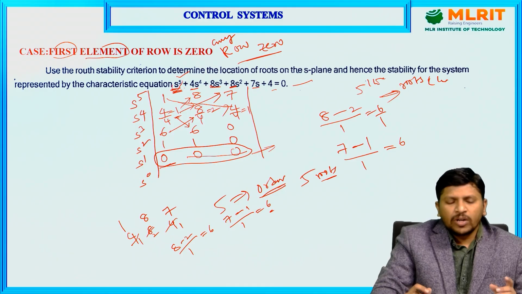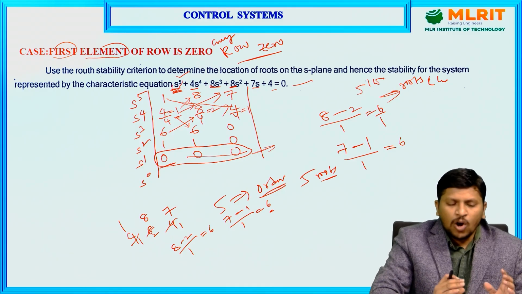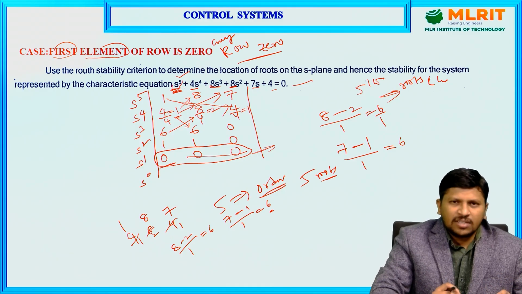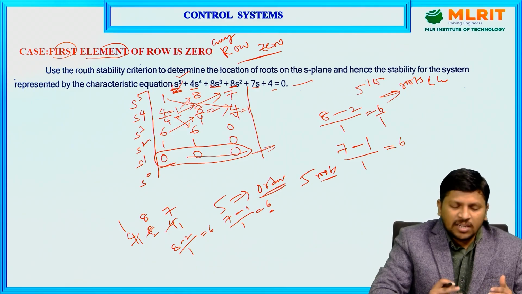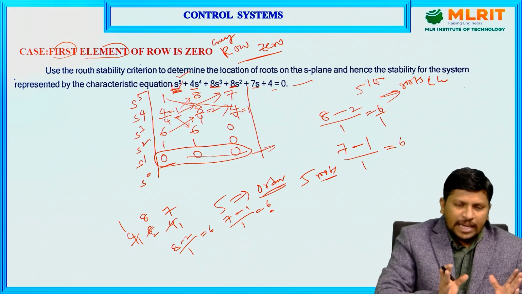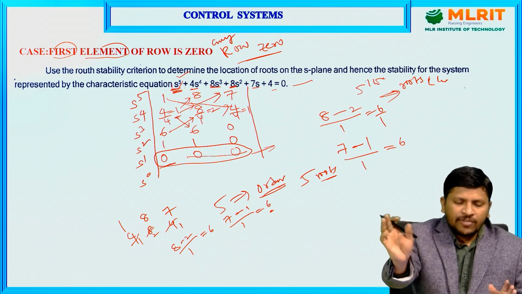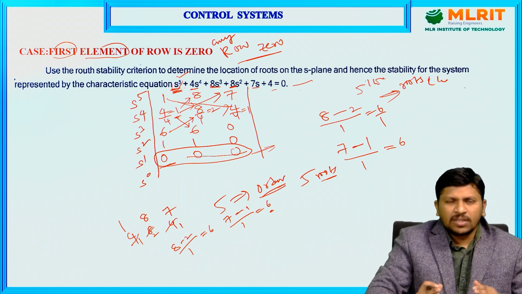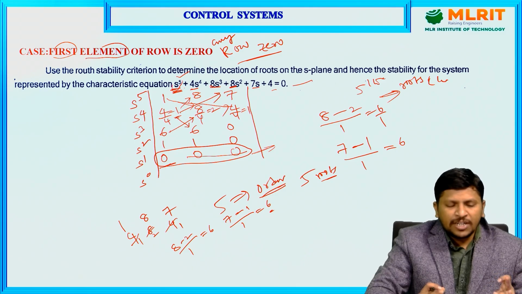Next we are going to see those special cases, how to solve in this condition. We are going to assume the auxiliary calculation, and also in the first element 0 condition we are going to assume the epsilon. So we are going to solve the complete problem by assuming the epsilon in the condition where the first element of a row is 0, and where a complete row is going to be 0.